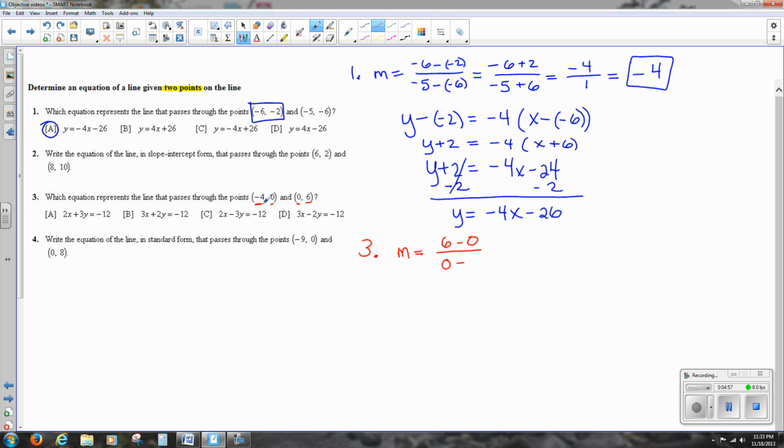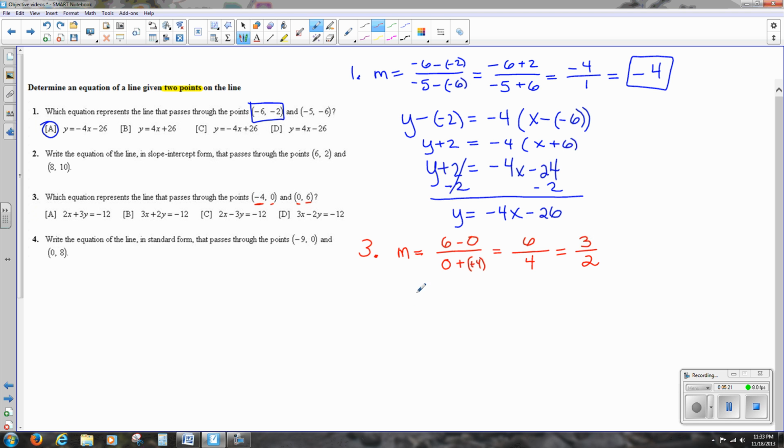And the x value of -4 belongs with the y value 0. So we have negative 4. 6 minus 0 is 6. 0 plus 4 is 4. That means we have a slope of simplified 3 over 2.